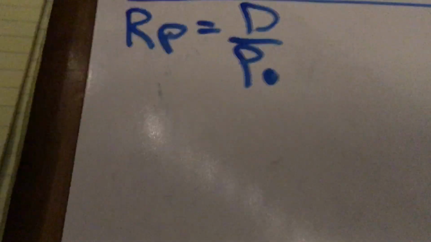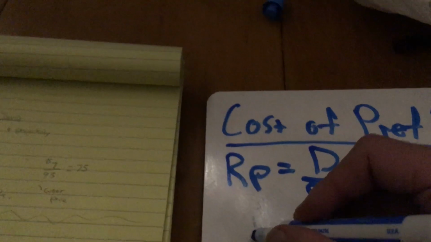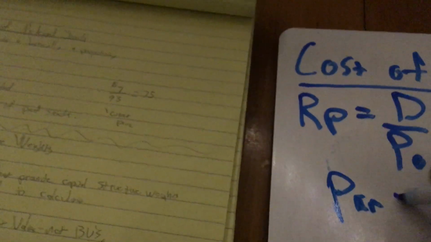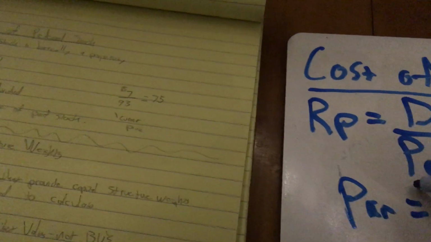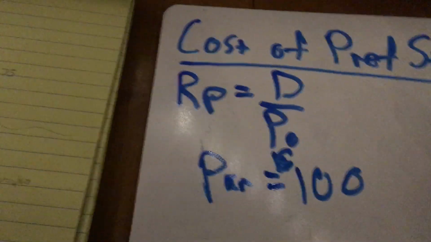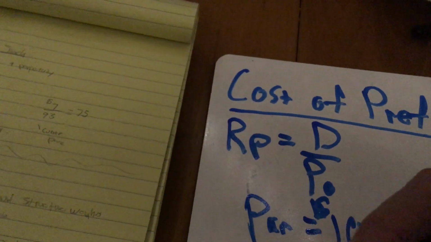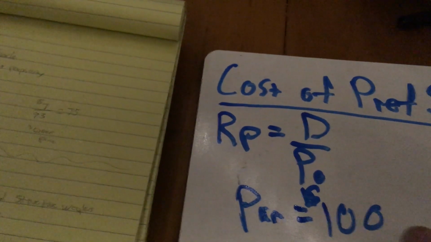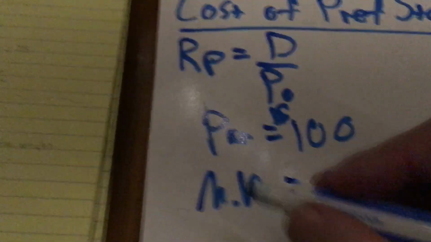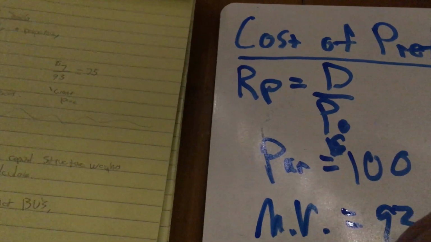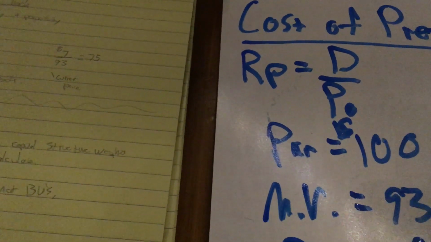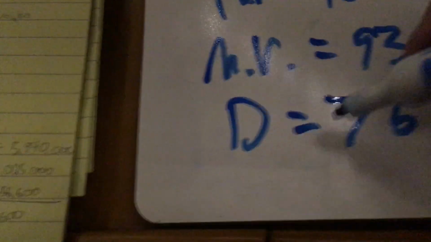So by example, let's say that the par value is $100 and your stock's market value equals 93, and your D, or your dividend, equals 7%, which is $7, right? 7% of 100 is $7.